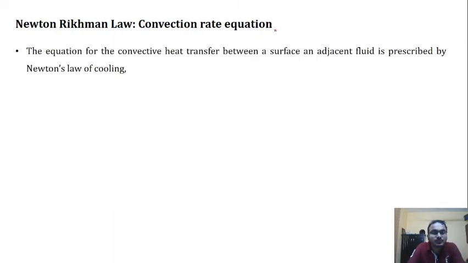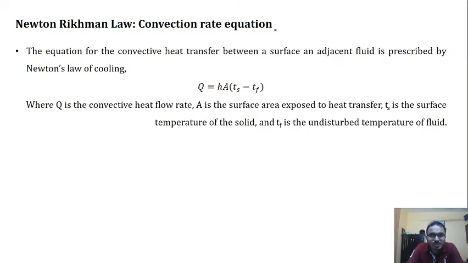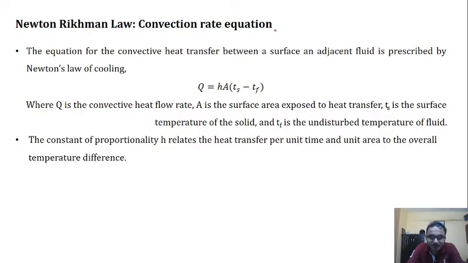The equation for the convection heat transfer between a surface adjacent to a fluid is prescribed by Newton's law of cooling, which is given by this formula: Q is equal to hA (Ts minus Tf), where Q is convective heat flow rate, capital A is the surface area exposed to heat transfer, Ts is surface temperature of solid, and Tf is undisturbed temperature of fluid.